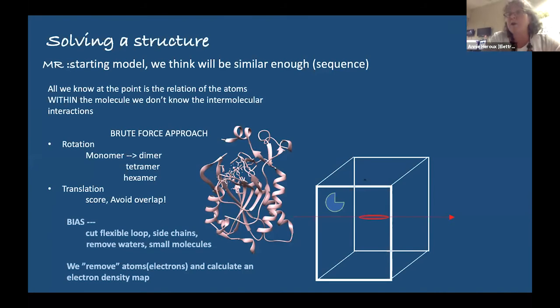Of course, you're going to have some criteria, like molecules should not be bumping into each other. And there are several different programs that you can use to get an answer. Basically, you're going to fill your cell with the symmetry molecules and calculate and see, do these intensities actually correspond somewhat to what we are observing.